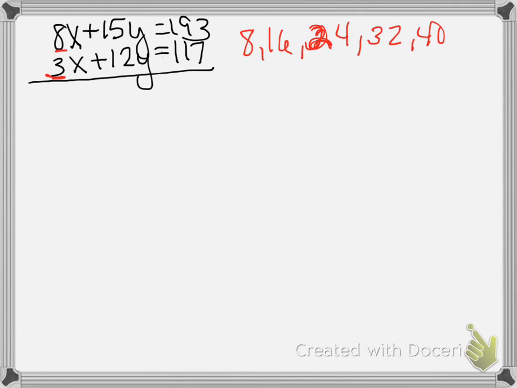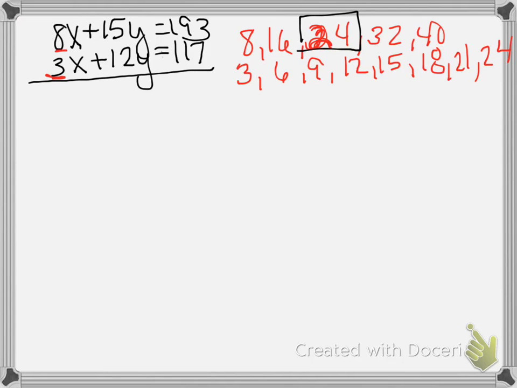That's the multiples of 8. Let's do the multiples of 3. 3, 6, 9, 12, 15, 18, 21, 24. I see 24. 8 times 3 is 24, and 3 times 8 is 24.